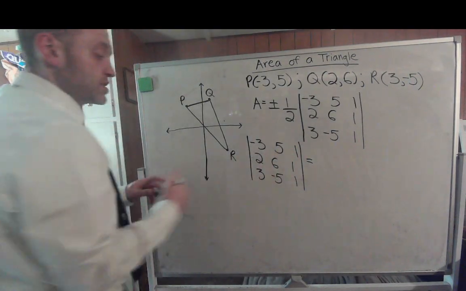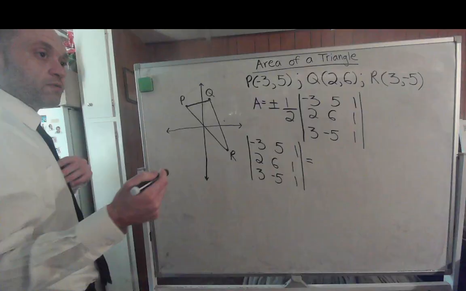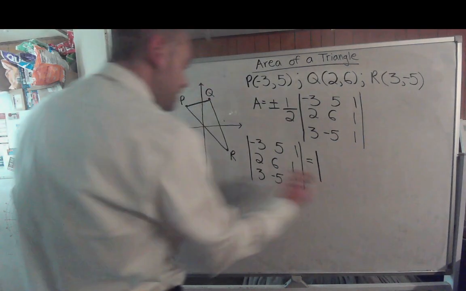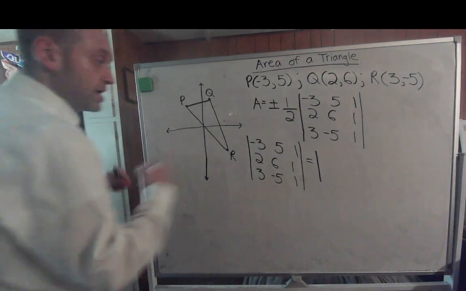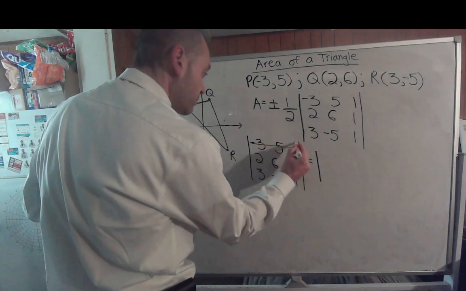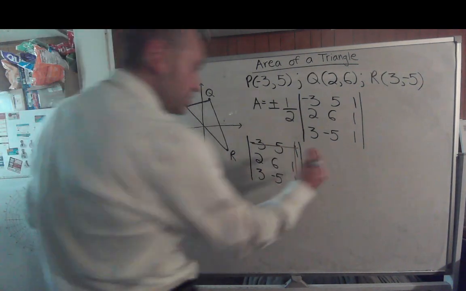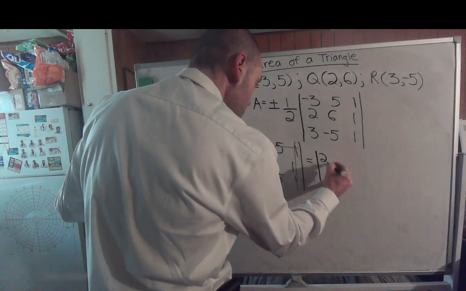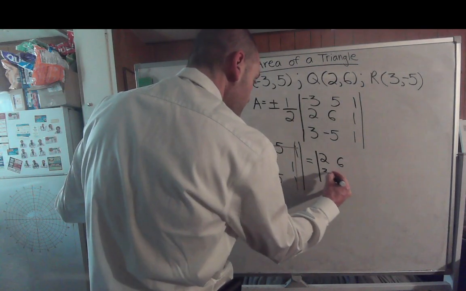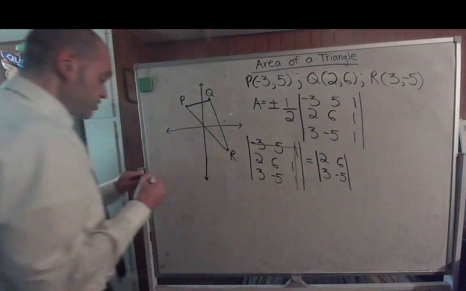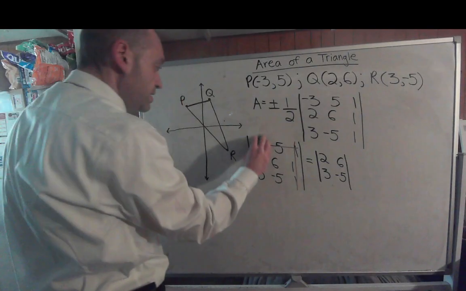The first entry is a 1. According to the normal coefficient determinant, that needs to be positive. So positive of the resulting determinant when I strike out the column and row in which that occurs, your resulting 2 by 2 determinant is going to be 2, 6, 3, and negative 5. So there's your first 2 by 2 determinant.